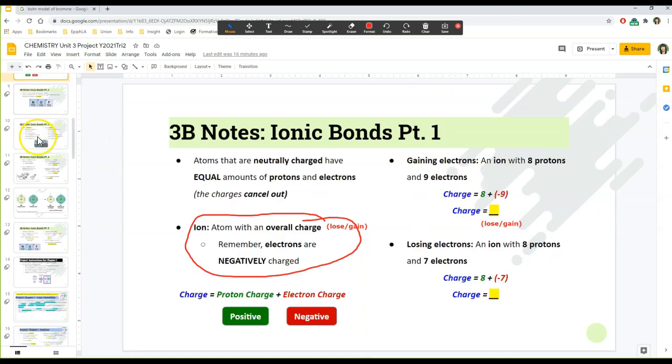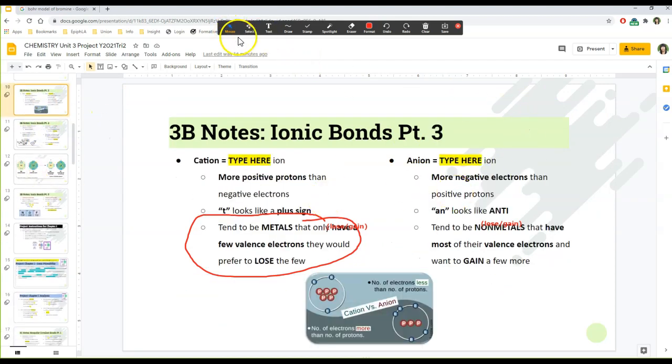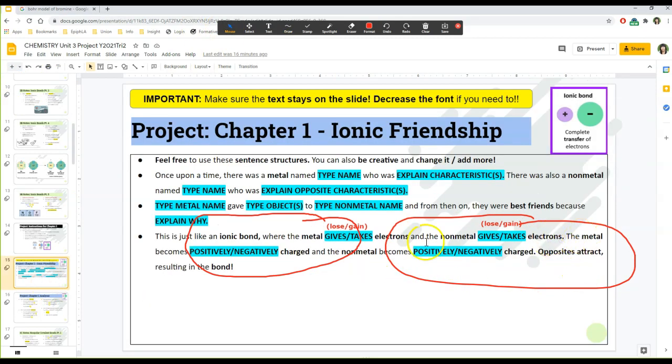What slide did I just have this on? On slide 3B, or on slide 10, okay? So nonmetals tend to have most of their valence electrons and want to gain a few more. And then based on that, right, what kind of charges do they become? So the metal, does it become positive or negative? Again, think about if it's losing electrons, then it loses negativity, and so it should become overall positive.